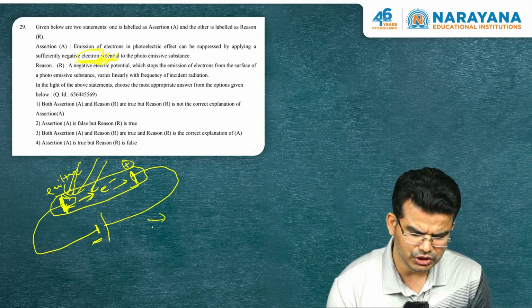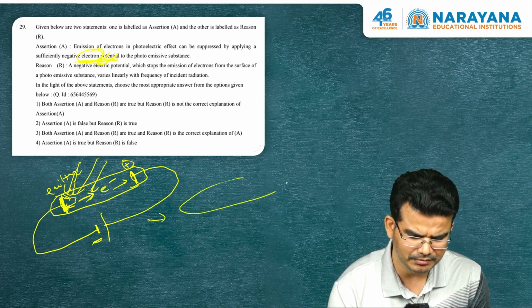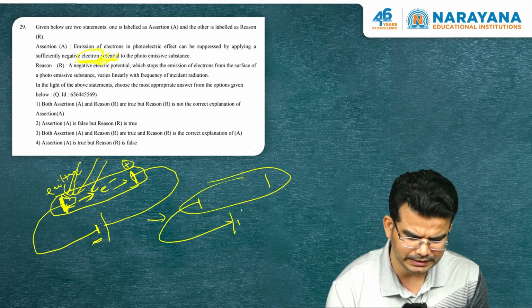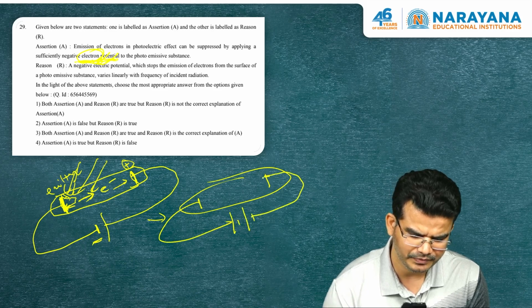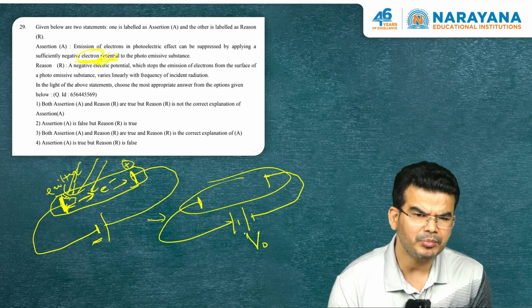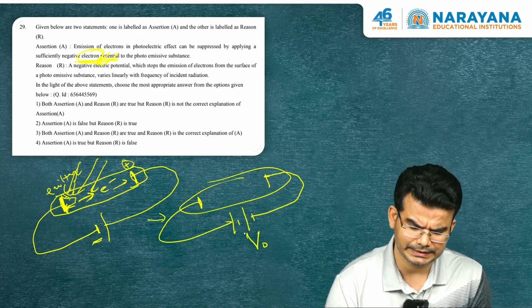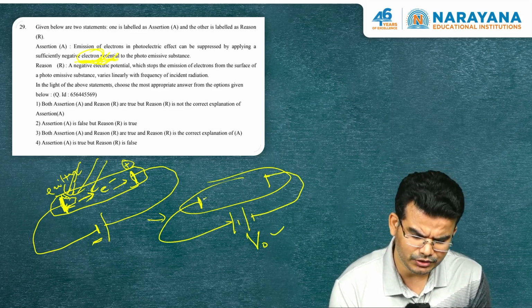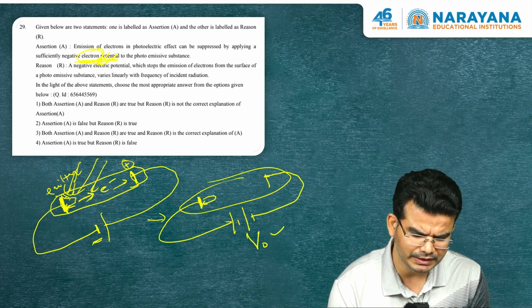So, for the stopping potential case, this diagram changes to something like this. In that case, the diagram is like this, this is the exact diagram and this is your stopping potential. At a particular sufficient potential, even if the electron is emitted, it is reabsorbed.